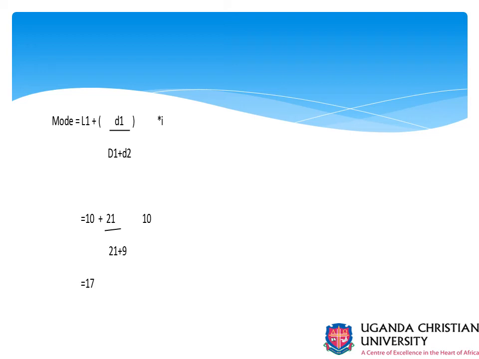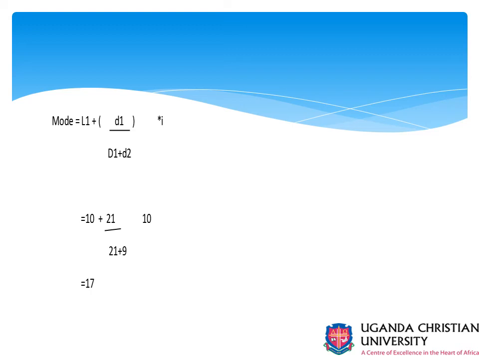Another question that may arise is, how do you determine the modal class? The modal class is determined from the frequency column. You look for the highest number among your frequencies, and that gives you the modal class.